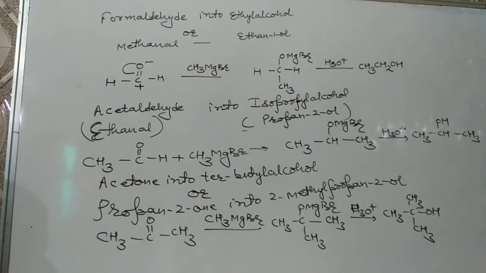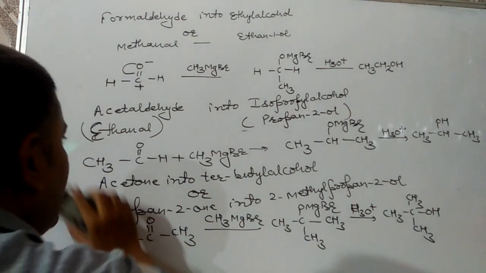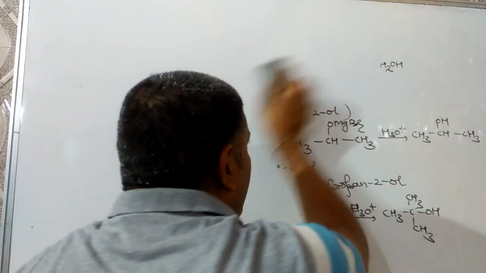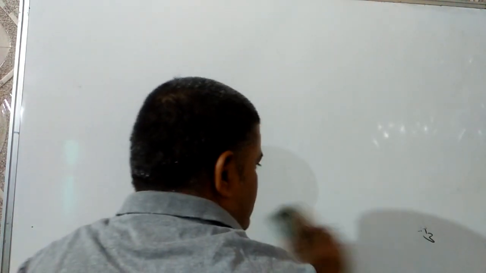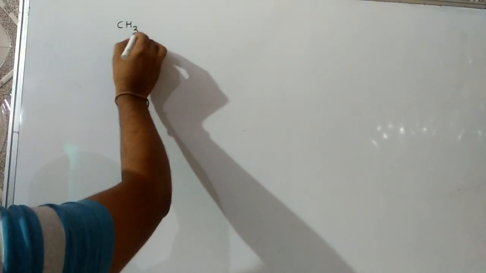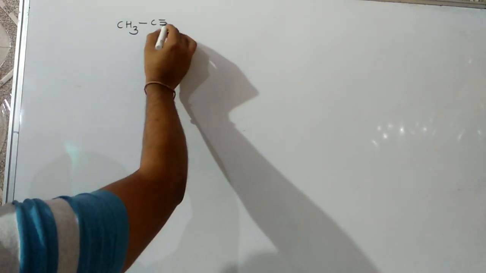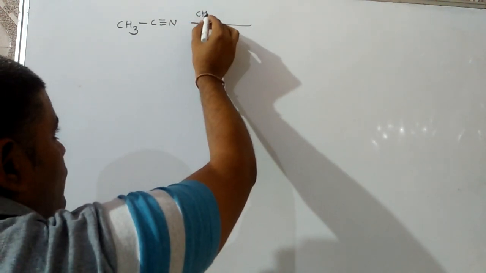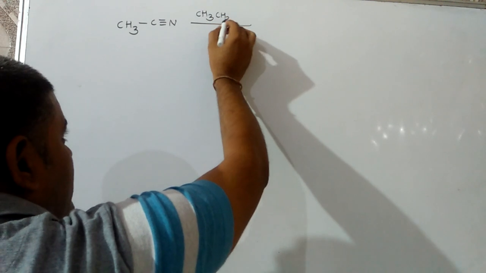Next question might be: convert ethane nitrile into butan-2-one. As we know, ethane nitrile is CH3, C triple bond N. Now we have to increase 2 carbons, so we add CH3CH2MgBr.